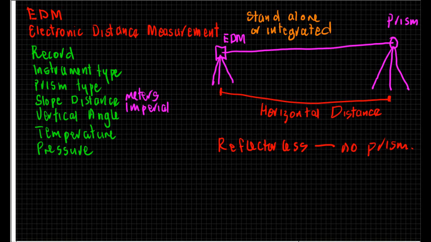We still need to measure the temperature and the pressure, although these days the pressure can be measured by some of the machines itself. And with that electronic distance measurement, we're able to reduce that to the horizontal distance and effectively later on to sea level. So that pretty much ties up linear distance measurement and the tools that we have available.